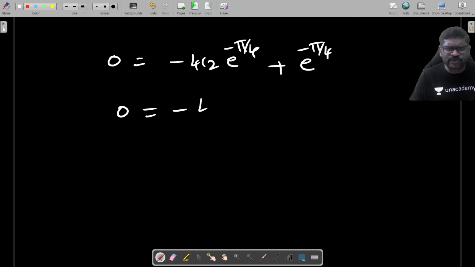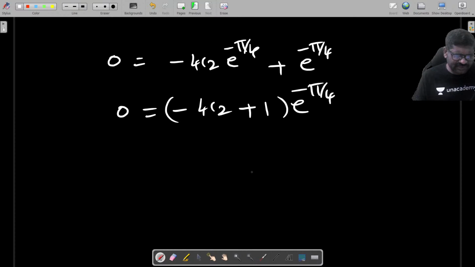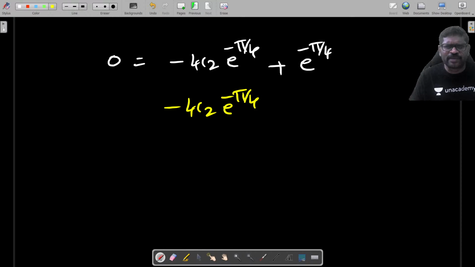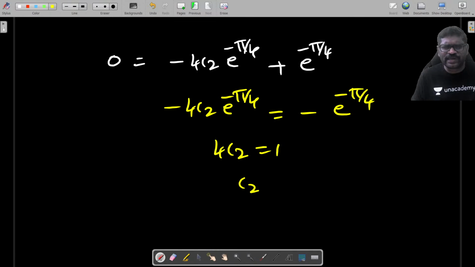Zero is equal to minus 4c2 plus 1 into e power minus pi by 4. This can be written like this: minus 4c2 e power minus pi by 4 equal to minus e power minus pi by 4. 4c2 equal to 1, c2 equal to 1 by 4.